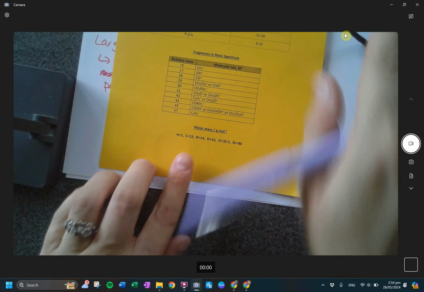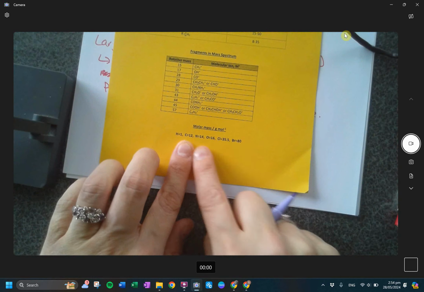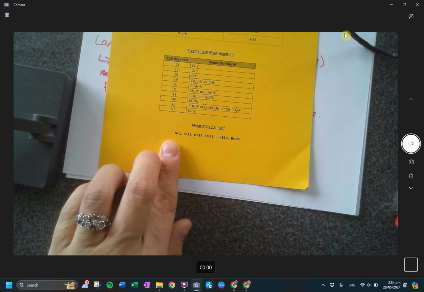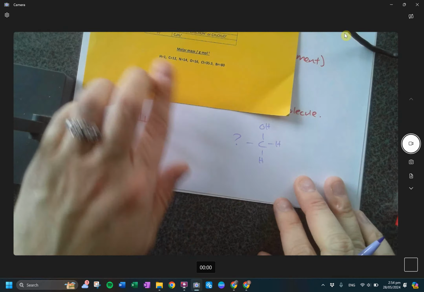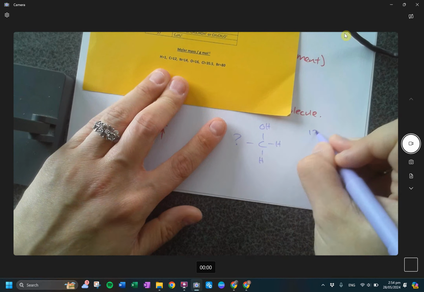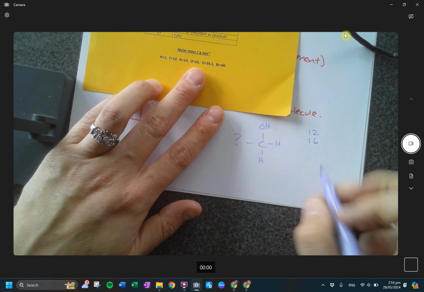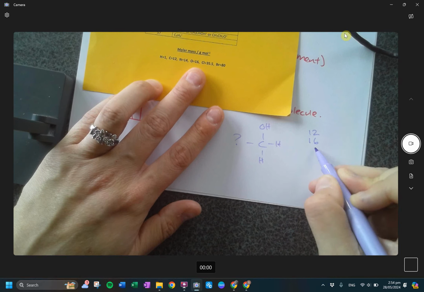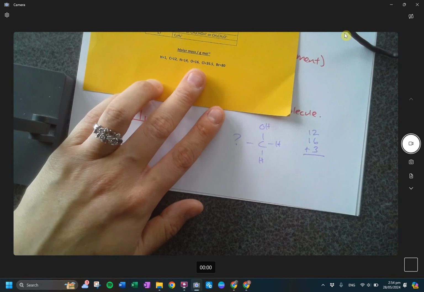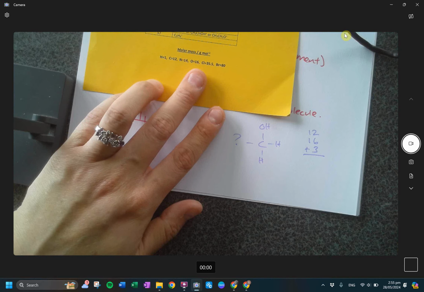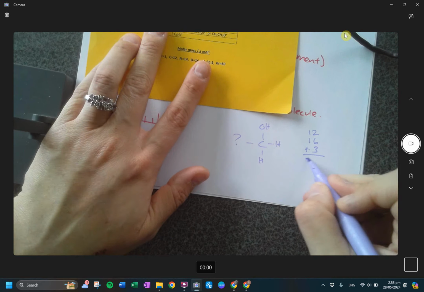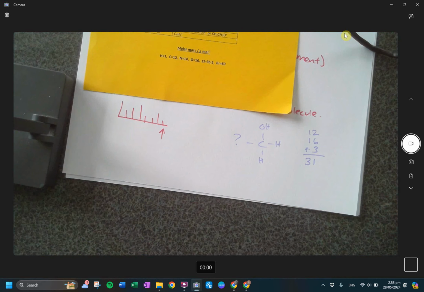On this piece of paper here, I've annotated the common ones that you'll see in organic chemistry, so you don't need a whole periodic table. Basically, I have 1 carbon, which is 12. I have oxygen, which is 16, and then I have 1, 2, 3 hydrogens, which is a 3. So if I add all those together, I will have 31. Hopefully I did my math right. Yes, I did. Do you agree with me on that? Okay?